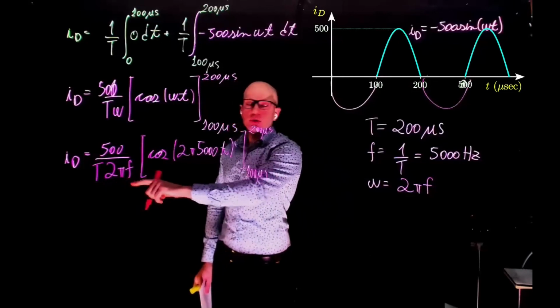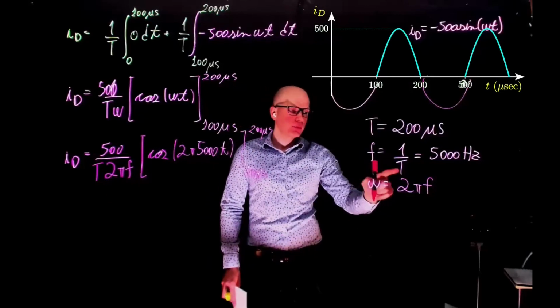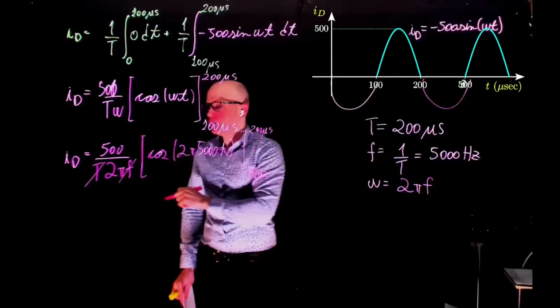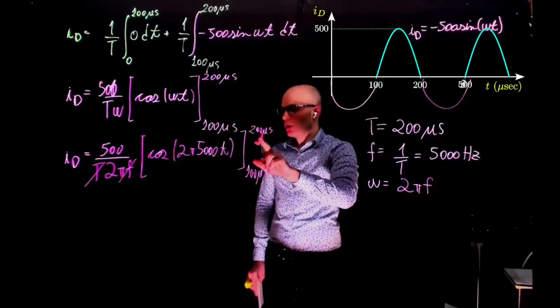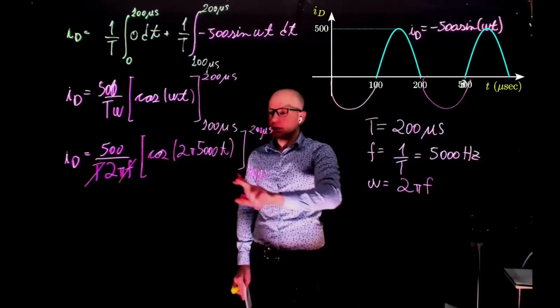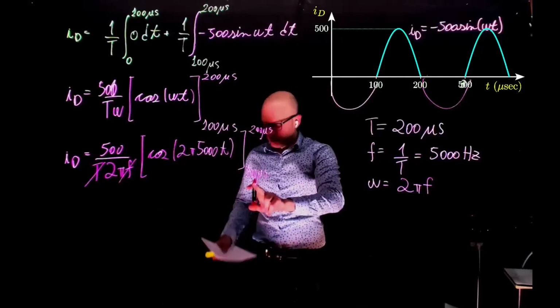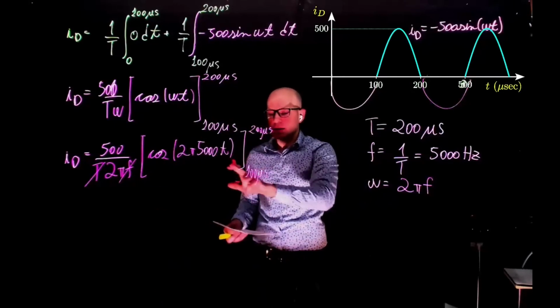T is equal to 1 over f. All we need to do now is replace t with 200 minus the same for 100.